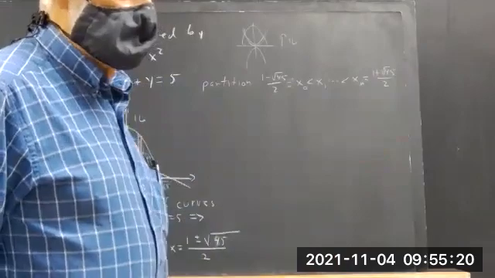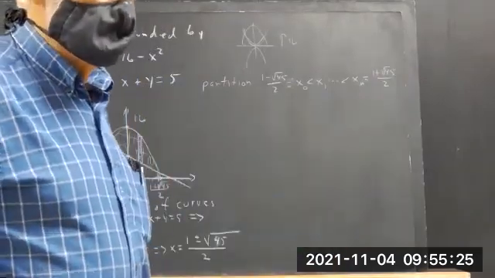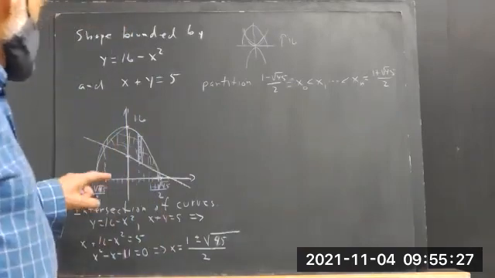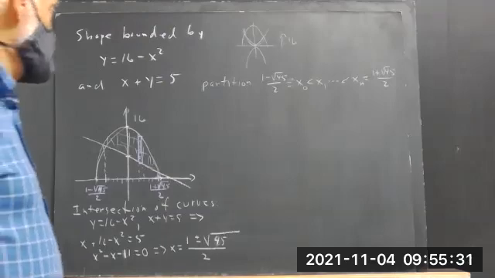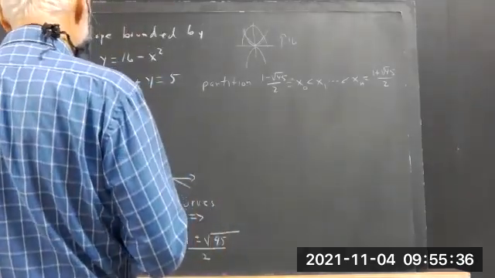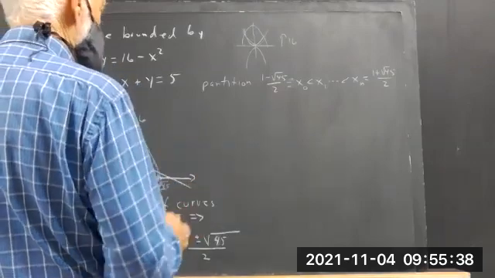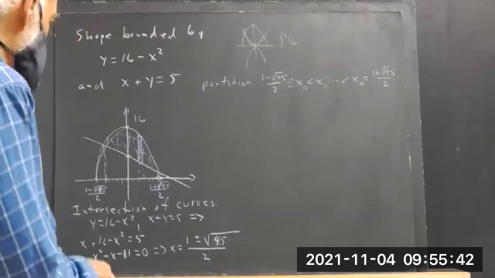There's your partition, and that's going to tell you what the limits on your x interval are. Obviously, when we integrate with respect to x, we integrate from here to here. Then for a given y strip, what interval do we partition?